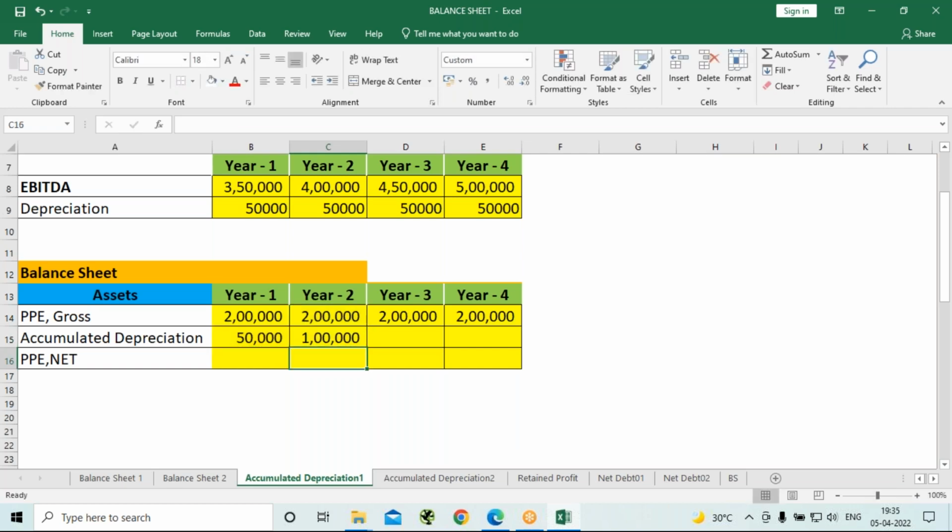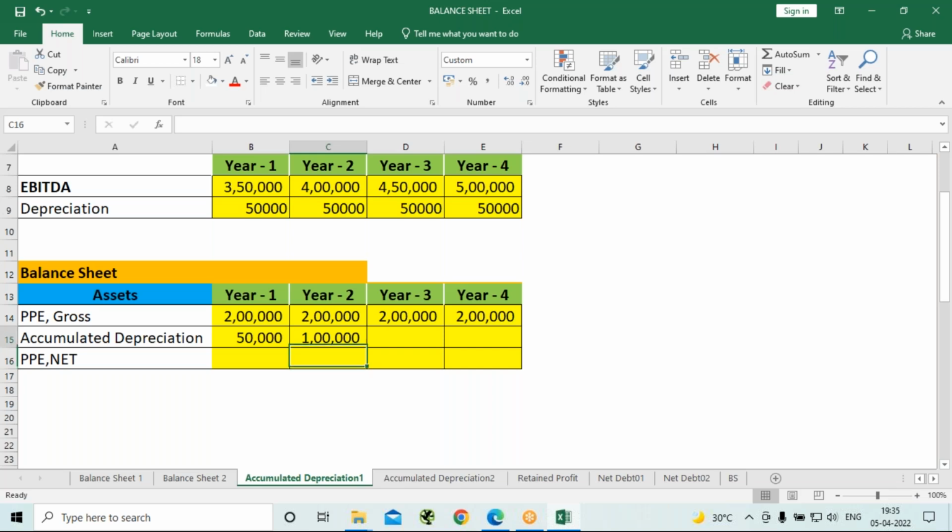So that means the second year, the value of an asset will be reduced, not only by that year's depreciated value, it also includes the previous year's depreciation. That means it is already reduced and it has to be reduced based on the previous year's depreciation value.